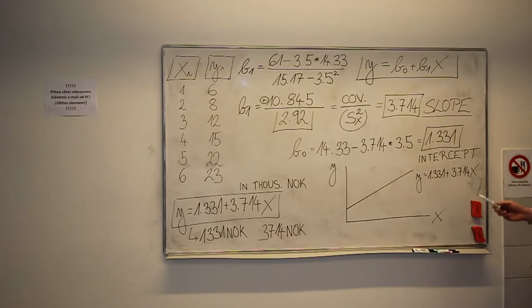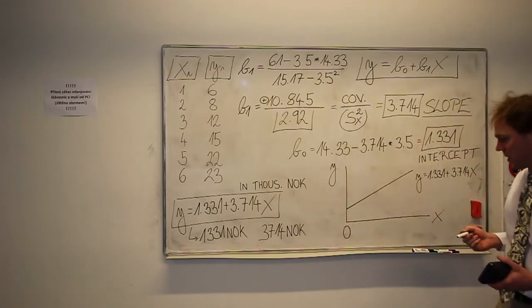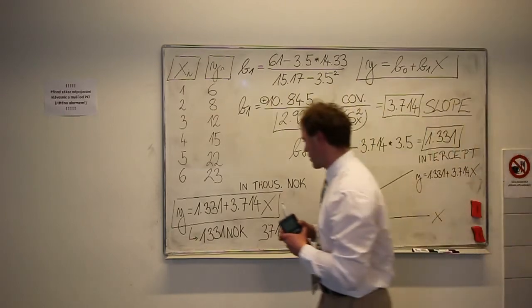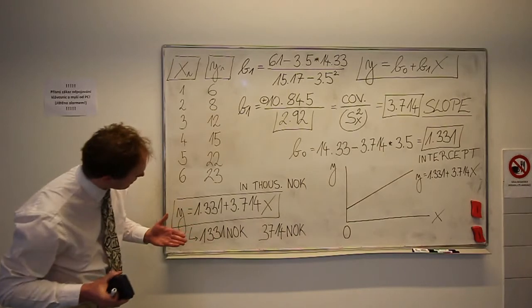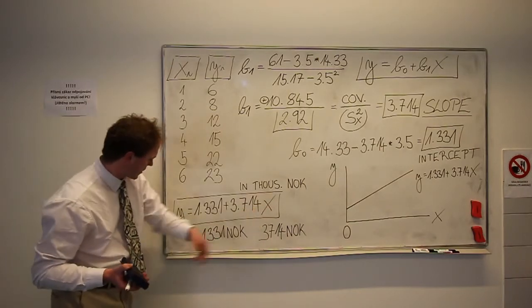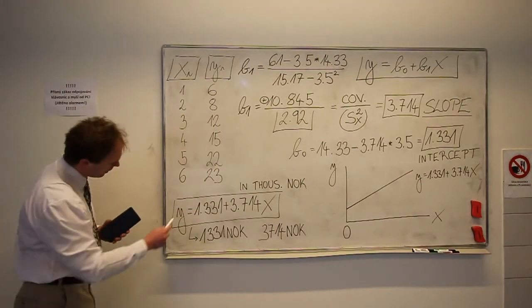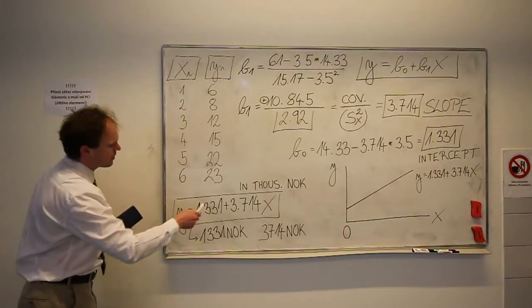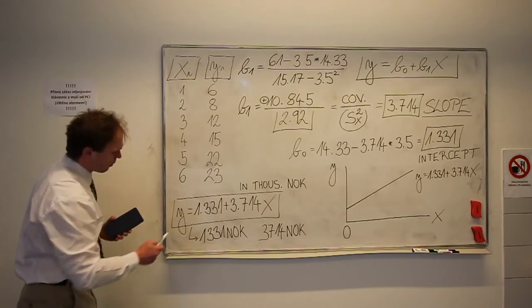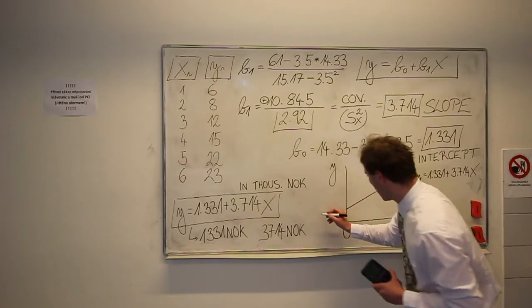And now, imagine that we have 0 persons, yes, in the household, yes. Nobody. X is 0. So the result of this line is just the intercept, yes? 1,331 Norwegian crowns.